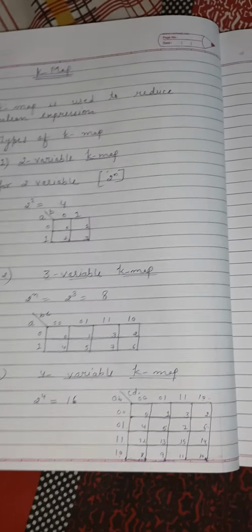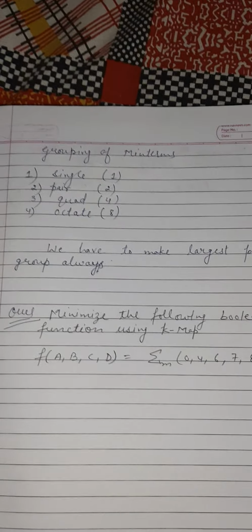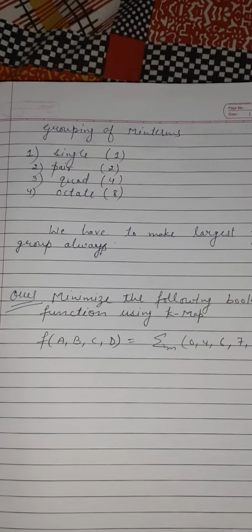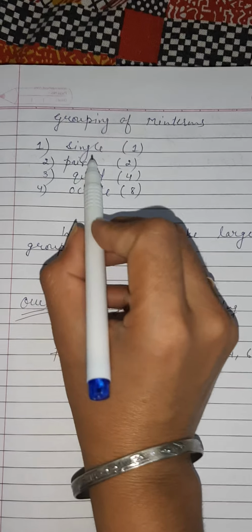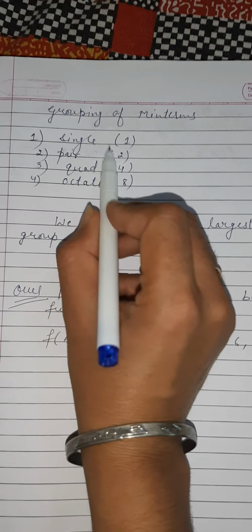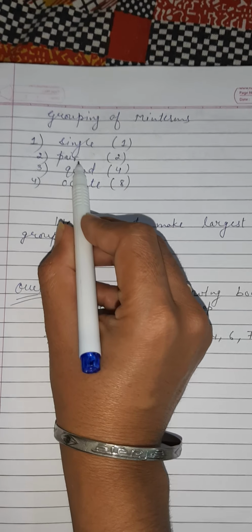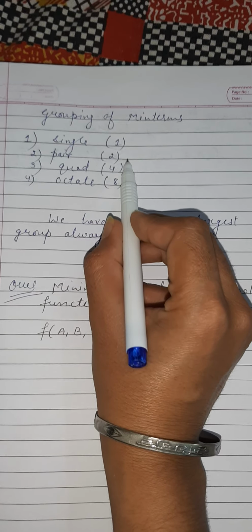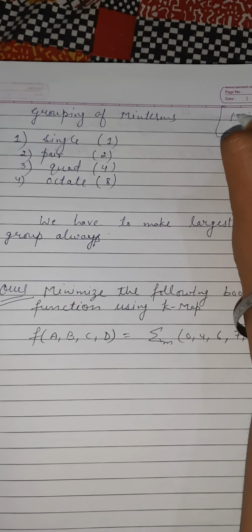So now comes the questions. Before starting the questions, now see how to do grouping. The grouping of minterms can be in a single, where single means only one minterm is used, then a pair means 2 minterms are used. Minterms are denoted as 1.